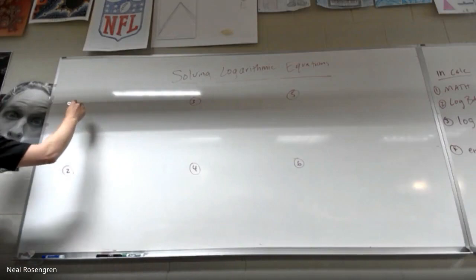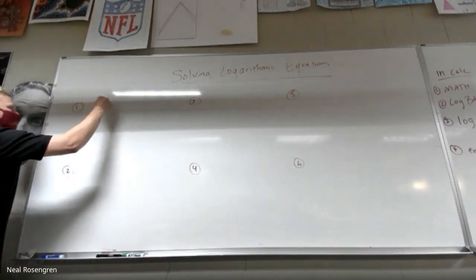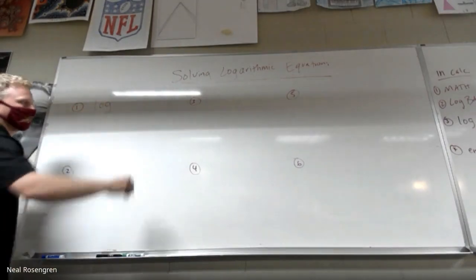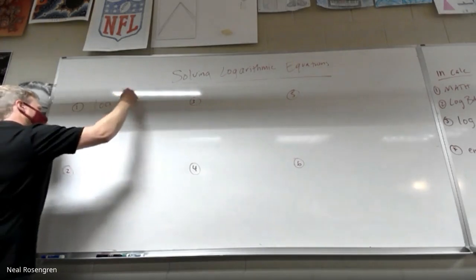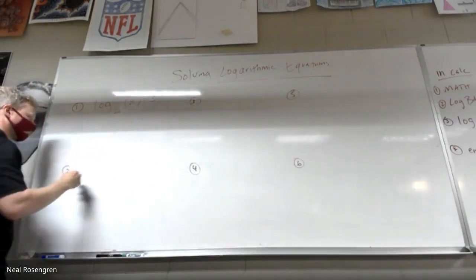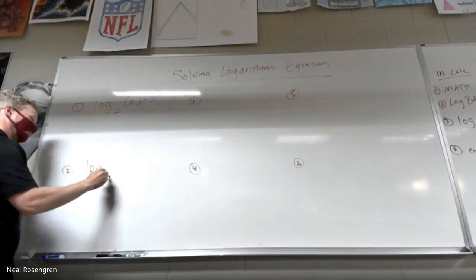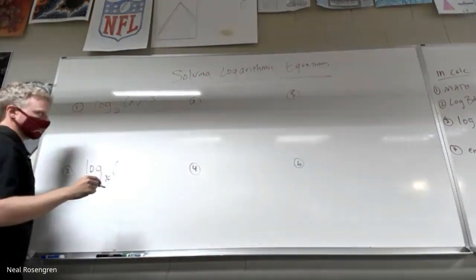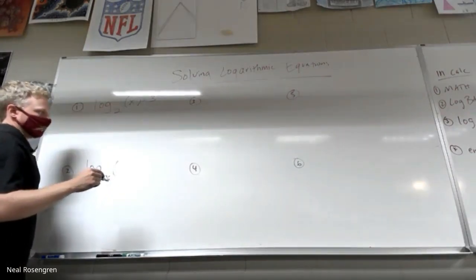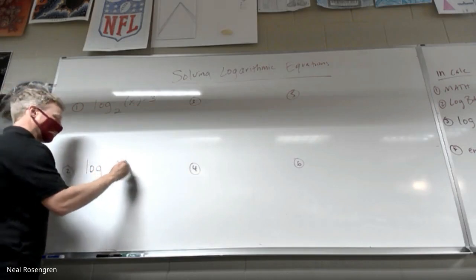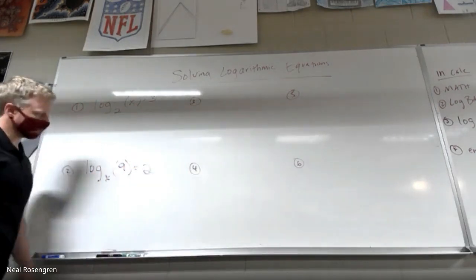All right, number 1, log base 2 of x equals 3. Log base x of 9 equals 2. That looks good.